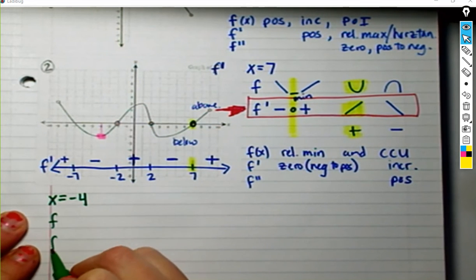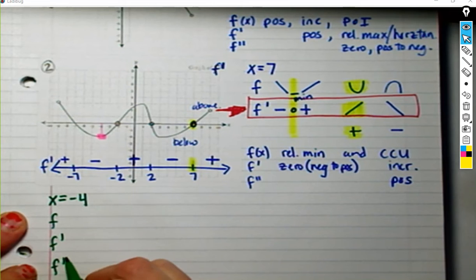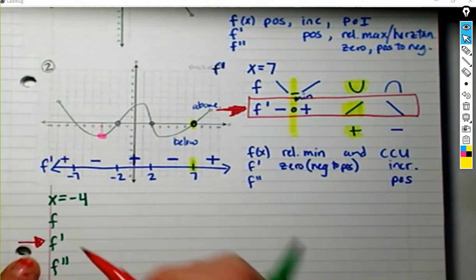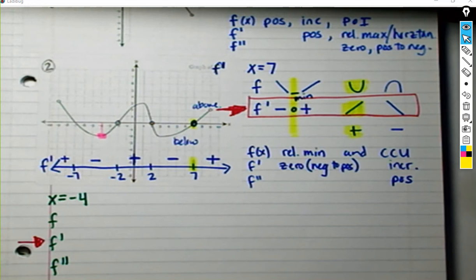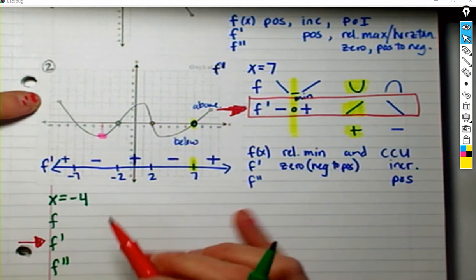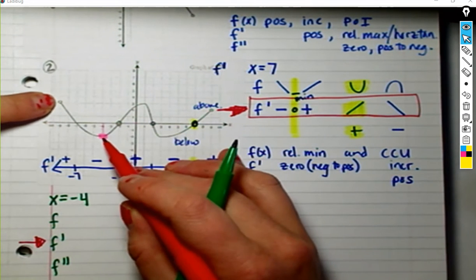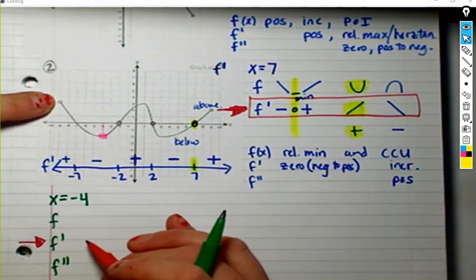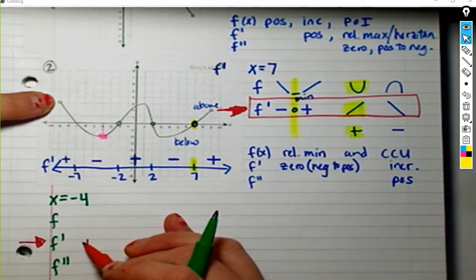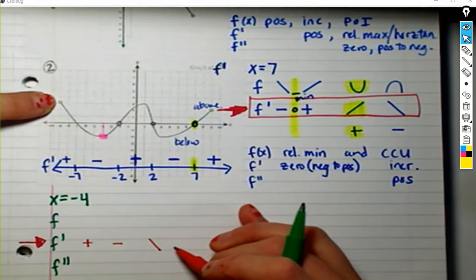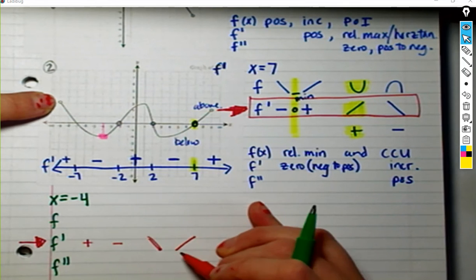Okay, f of x, f prime, f double prime. I am still looking at f prime. So that's the row that you have to come in on. What can you see? Well, I can see that it's decreasing and then it's increasing.